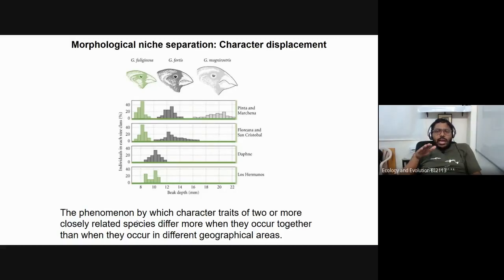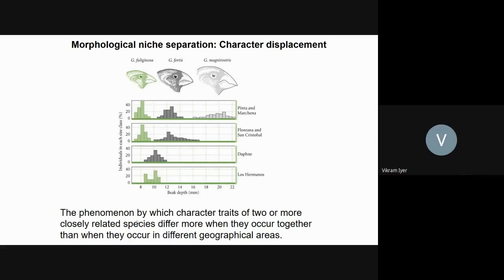When they are together, they end up separating their distributions, and thereby most probably also separating the resources on which they are feeding. That is for this particular case, resources that they are using in a general case. That's the definition.